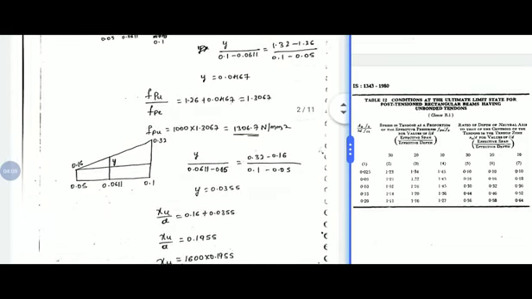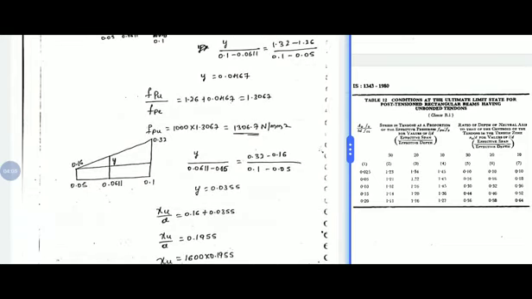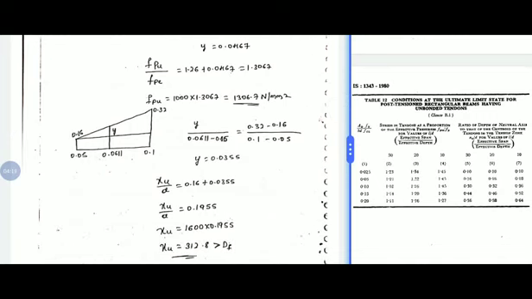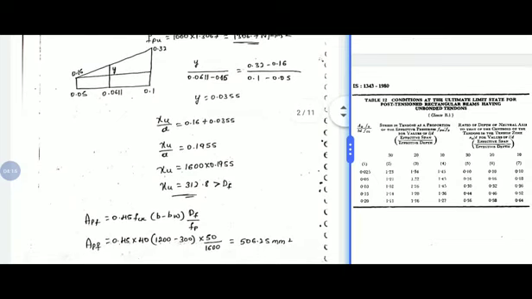So on interpolating we will get 0.1955. On simplifying we will get XU and FPU values. So after calculating this, first compare XU with depth of the flange. So here depth of the flange is 50 mm, but we have XU as 312.8. So that means neutral axis lies in the web.